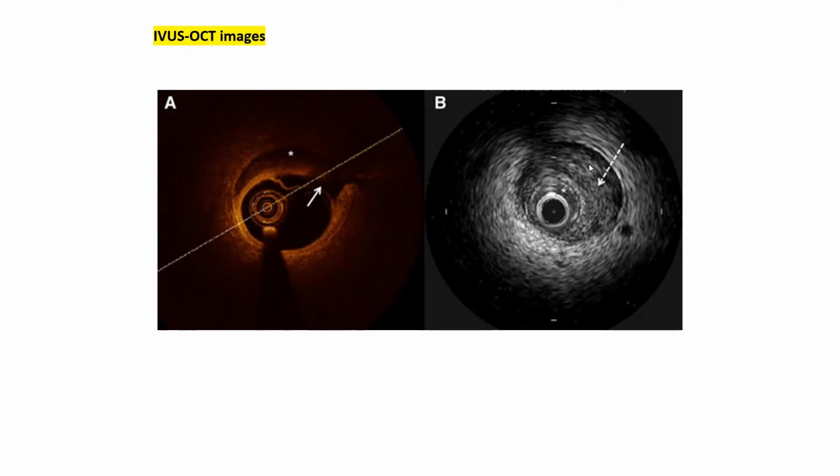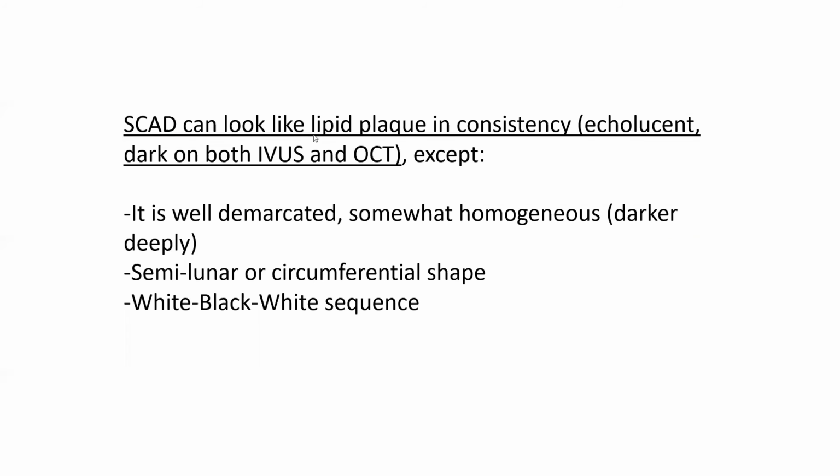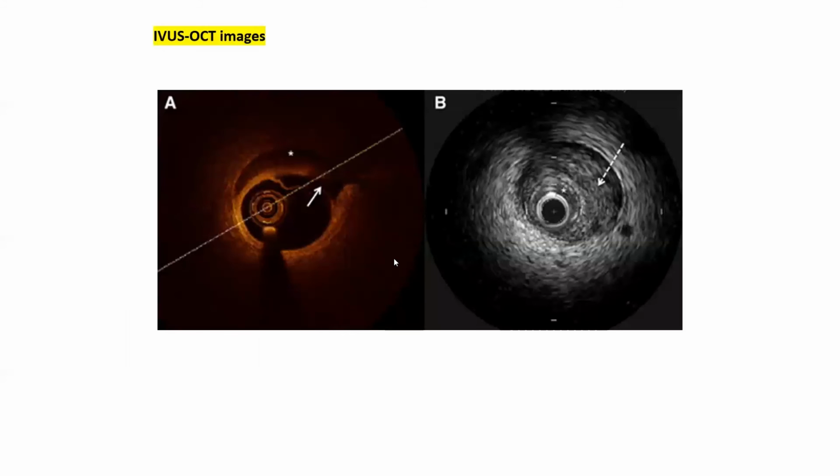So it tends to be homogeneous, white, echogenic, and it becomes darker with dark speckles as you go deeper. It's well demarcated, somewhat homogeneous, although darker deeper, with a semi-lunar or circumferential shape.